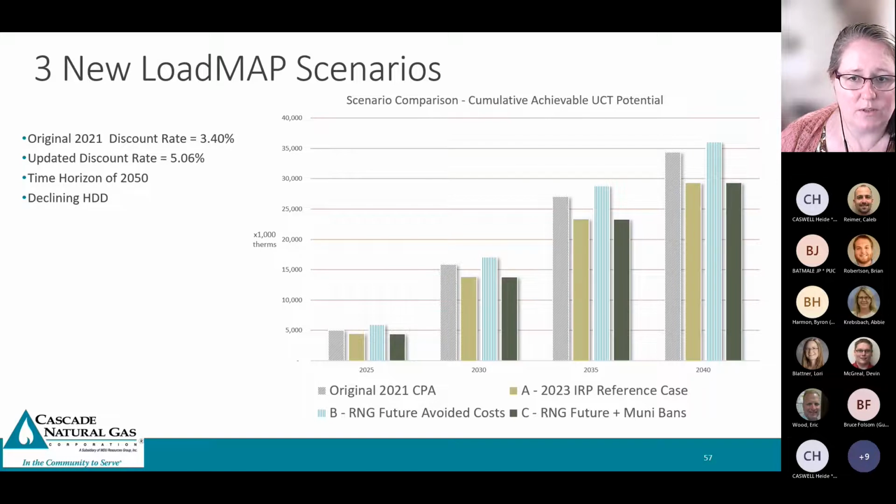Scenario A takes the original 2021 CPA models and updates the input assumptions to match those in Cascade's 2023 IRP. Including updates to the market growth, the avoided costs, and weather assumptions, which now assume declining heating degree days over time as opposed to flat normal weather throughout the forecast. Opposing trends create a net decline in potential compared to the original CPA models.